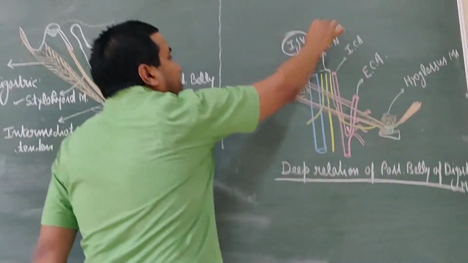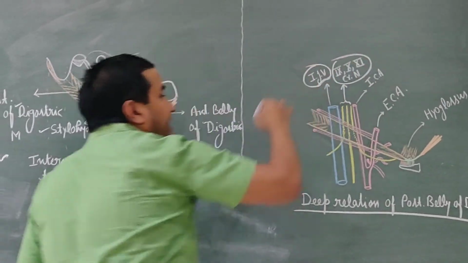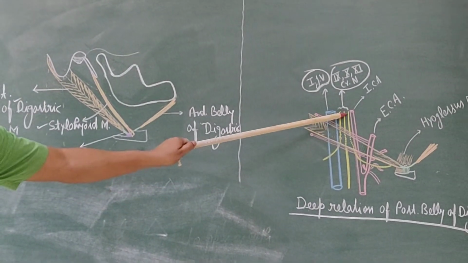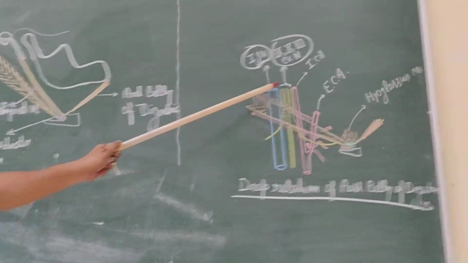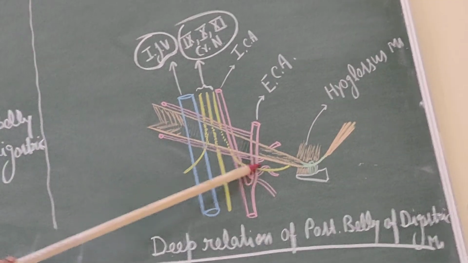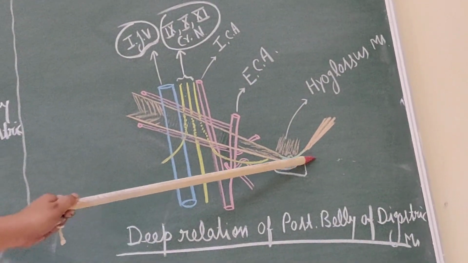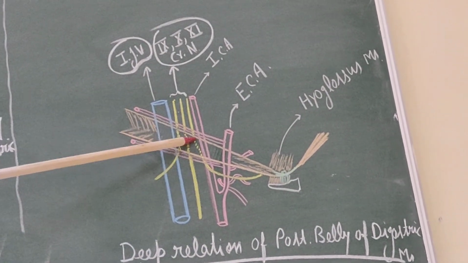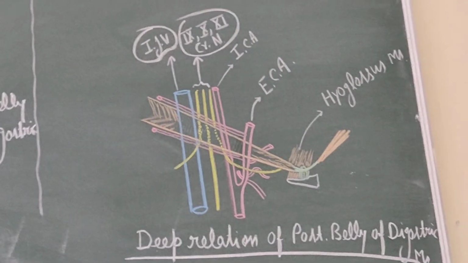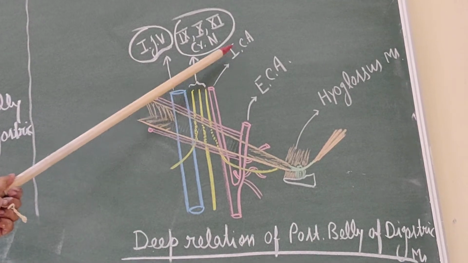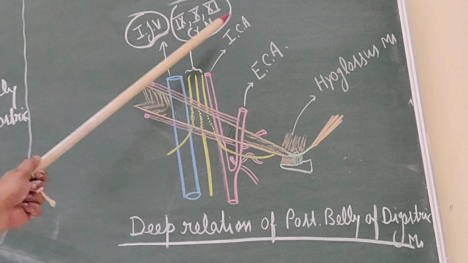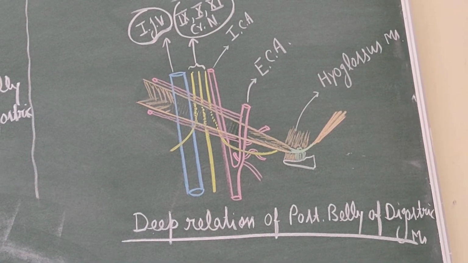Then it is the last three cranial nerves, 9th, 10th and 11th. 10th runs vertically downwards, 11th turns into the posterior triangle, while the 12th curves on the hyoglossus muscle and enters the tongue. So these three nerves pass deep to the posterior belly of the digastric, along with the terminal branches of the common carotid artery, that is the external carotid artery and the internal carotid artery.